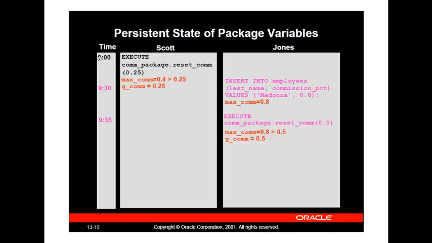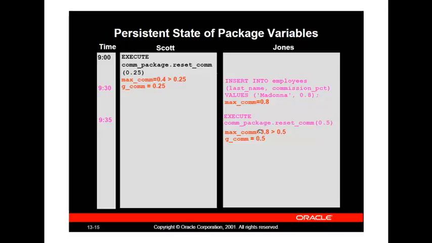At 9, Scott executes comm_package.reset_comm, and then max_comm equals 0.4, bigger than 0.225. g_comm is 0.25. Then at 9:30, Jones inserts into employees last name and commission. This makes a transaction, and max_comm is now 0.8.